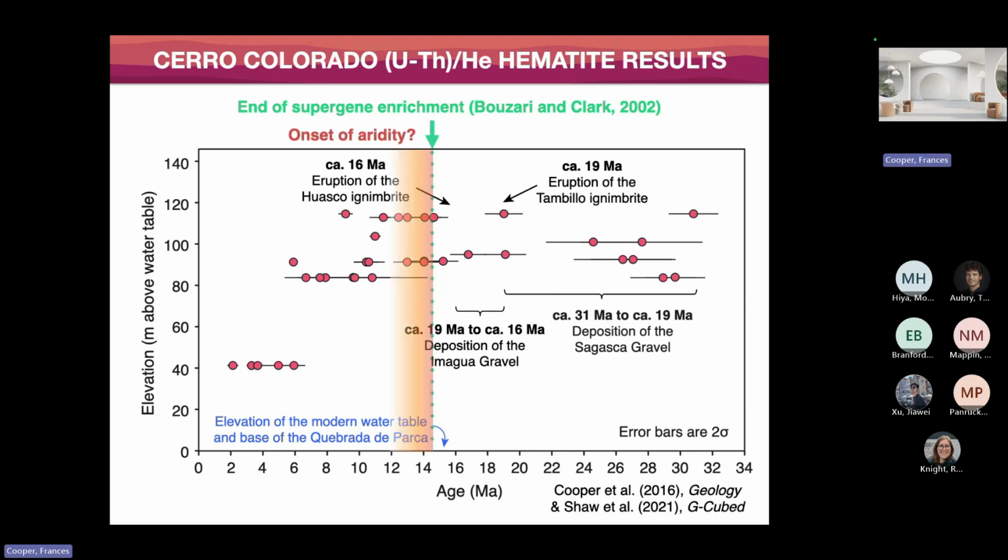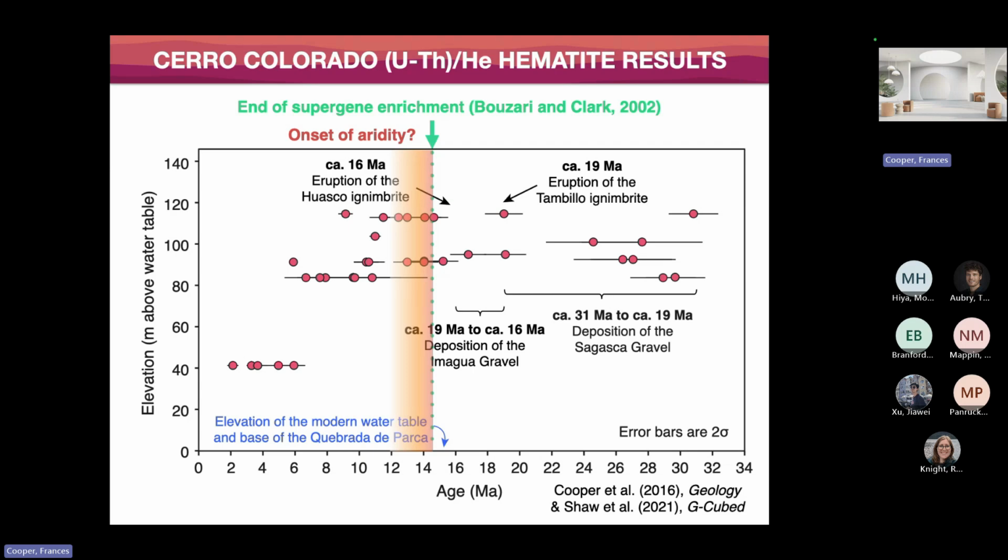So there are questions about why supergene enrichment ended when it did, and it's often linked to the idea that there was some kind of onset of aridity around that time, which basically means that the water is no longer there to drive that enrichment. But of course, that is complicated by the fact that you might have things like ignimbrites or gravels deposited on top that could potentially block the water from reaching the deposits.